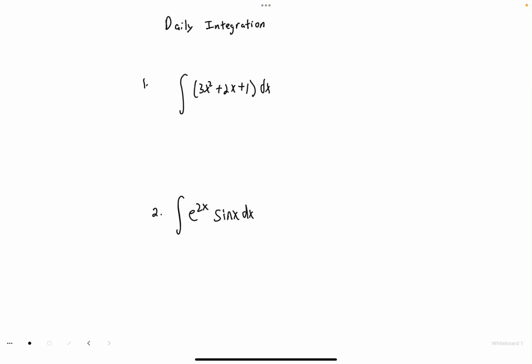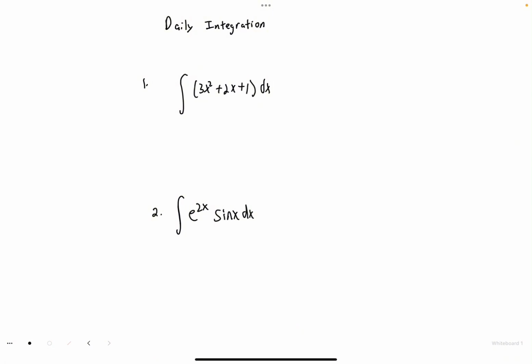In this first example, we can use the antiderivative technique. Basically, you add 1 to your previous exponent, and you divide by the new exponent that you have.